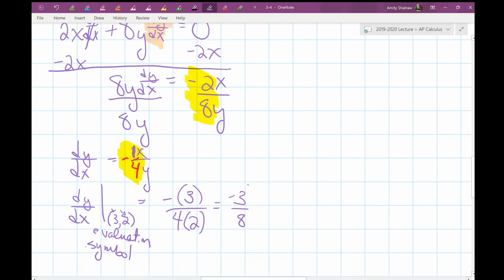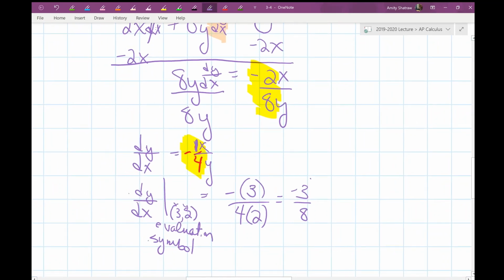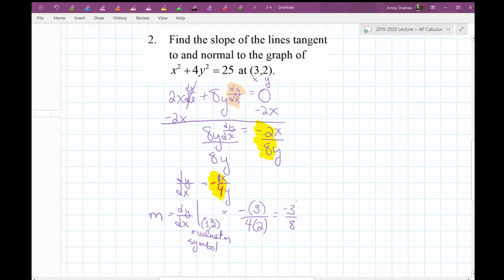Now that's my slope. Okay, when we take the derivative, what is it we're trying to find? We're trying to find the slope. And the question said, can you please find the slope of the lines that would be tangent to and normal to? Now he just said slope. So if I'm just looking for a slope, I have found a slope.